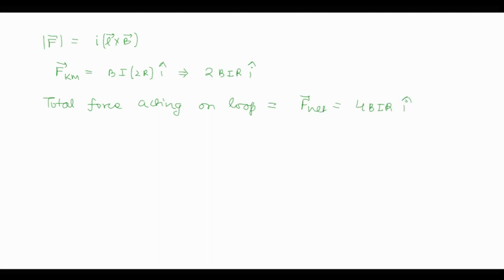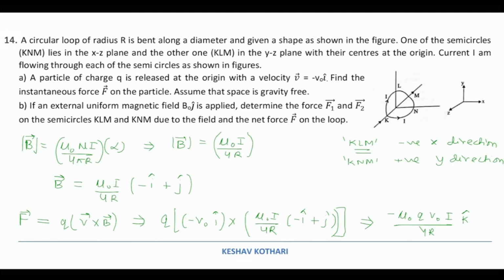With this we solve this problem, which asked us to calculate the instantaneous force acting on the particle and the force on the loop when the external magnetic field is applied. Now you can have a contradiction with the previous problem where I said that the net force acting on a loop placed in a uniform magnetic field is 0.